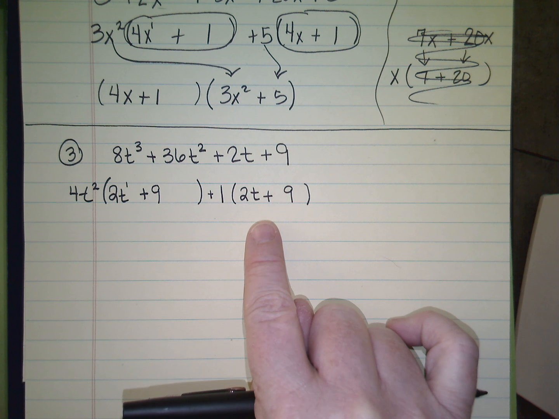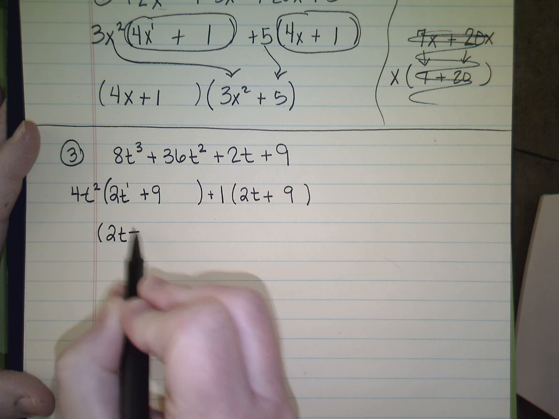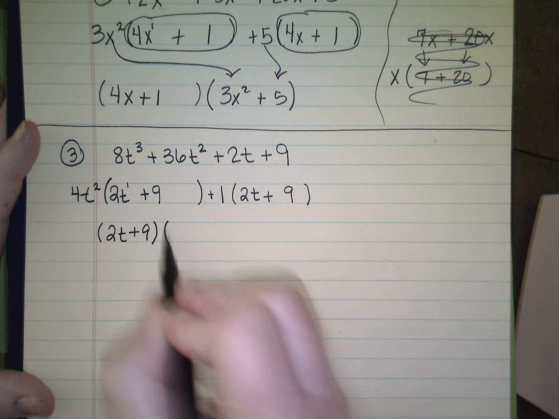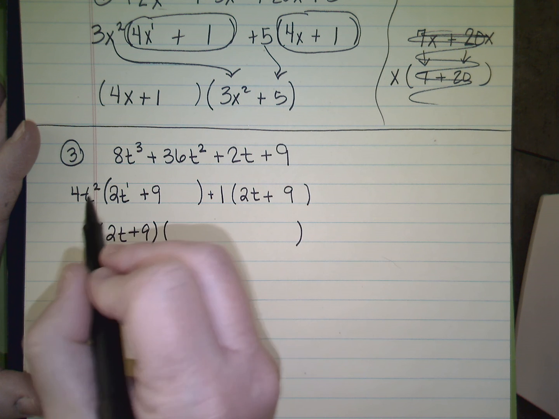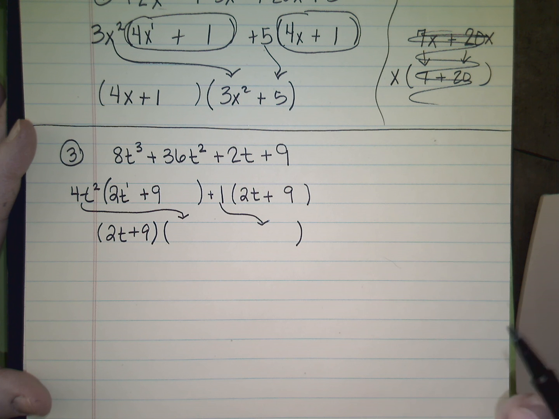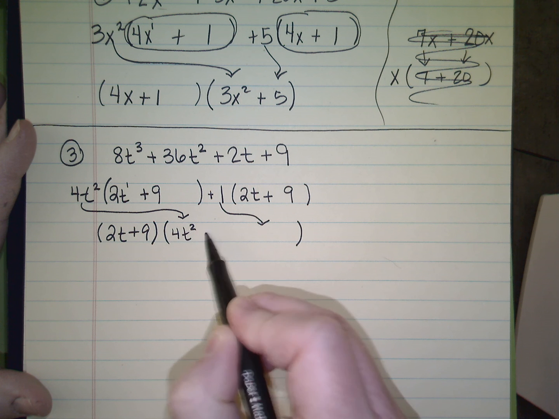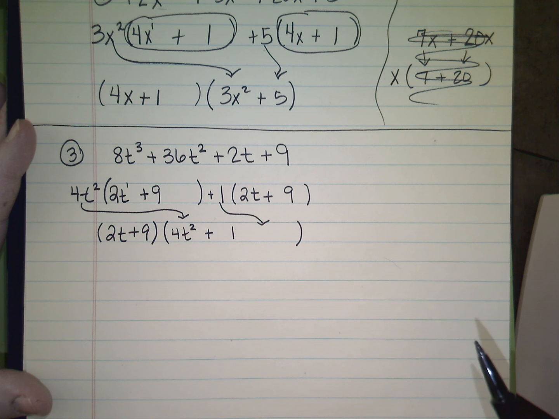That's my goal. Because my next step is to take that parenthesis that says 2t plus 9, pull it over here, and take these outside pieces and put them in there. So it's 4t squared plus 1 in that one.